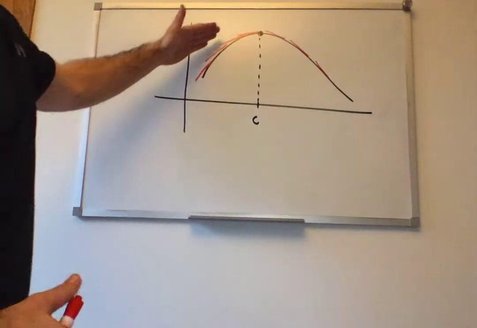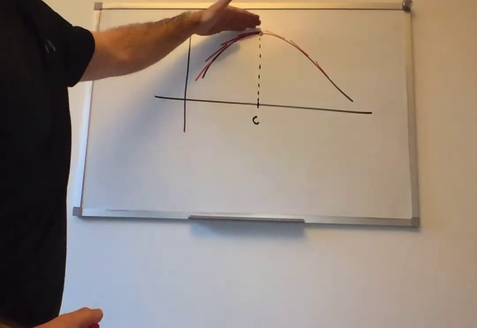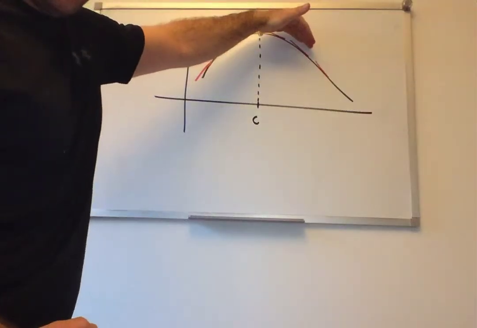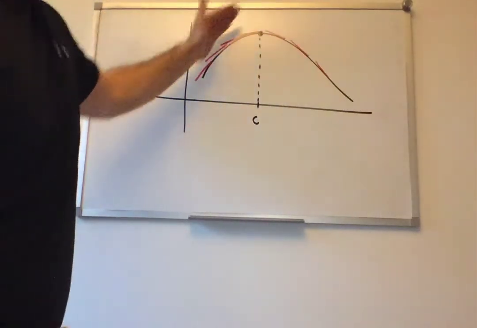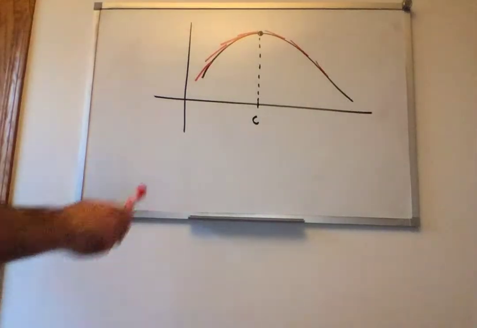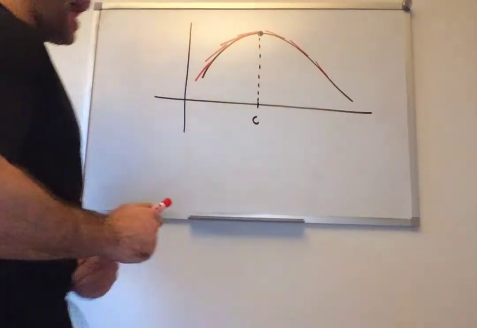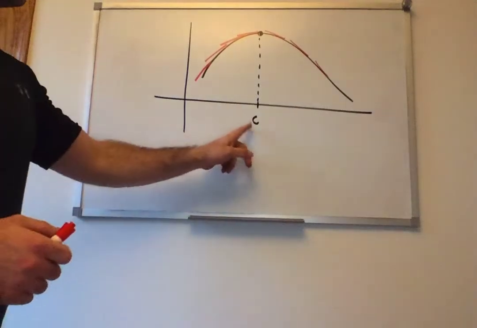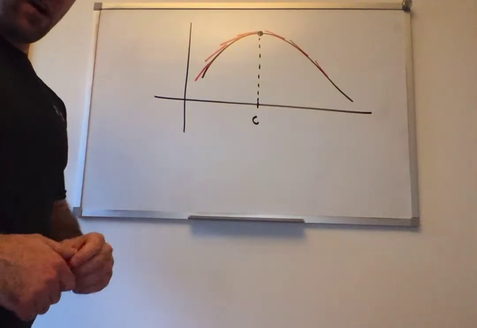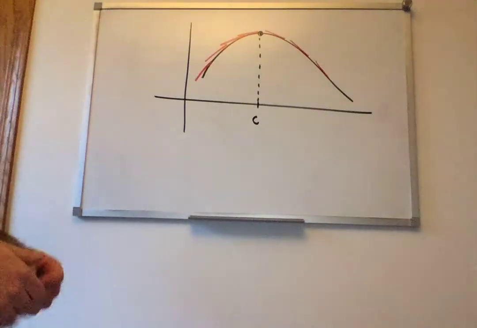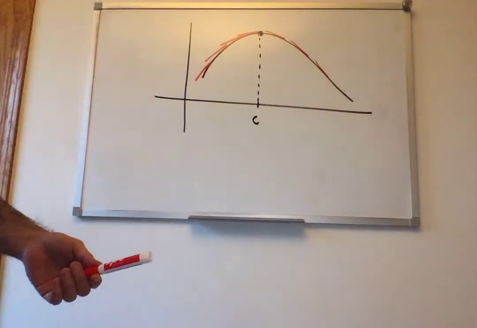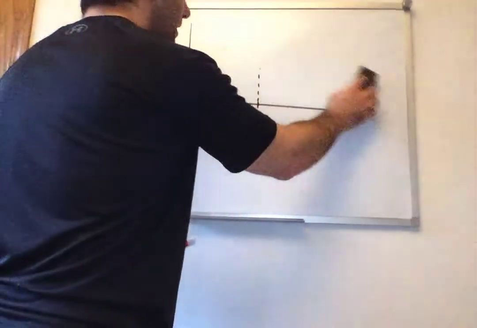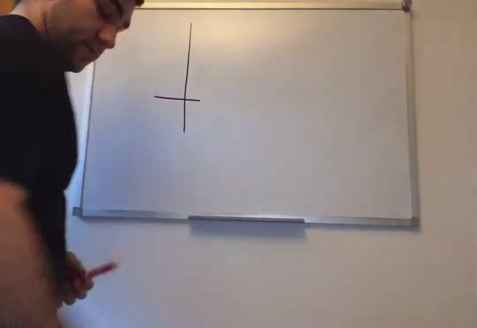If the derivative changes from positive to negative at C, when going over it, then we know we have a local maximum at that value of C. Okay, so without even graphing it, we can see whether our critical numbers are minimums or maximums.